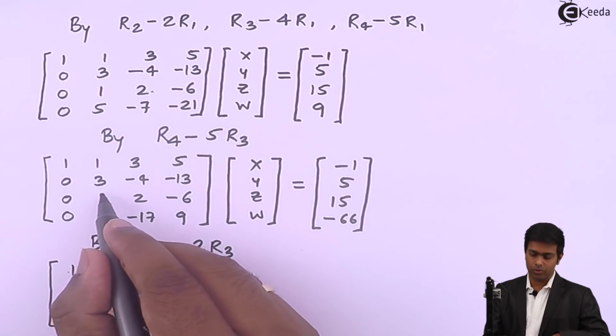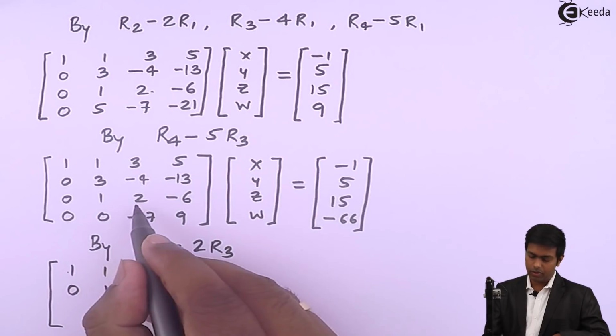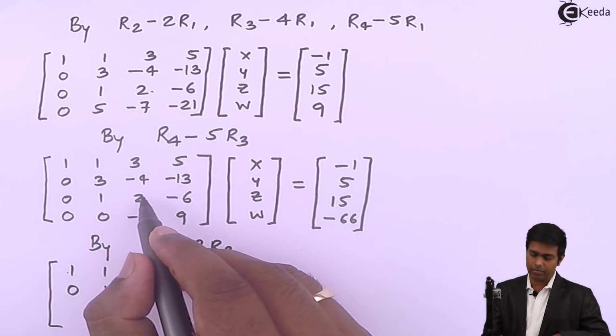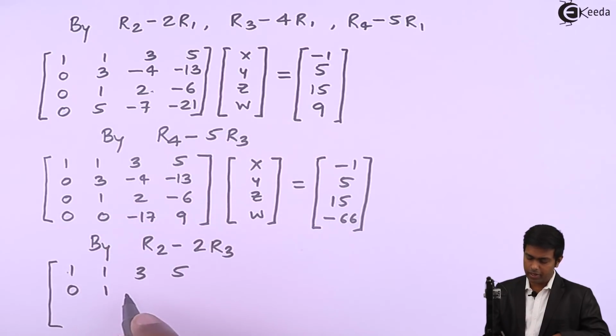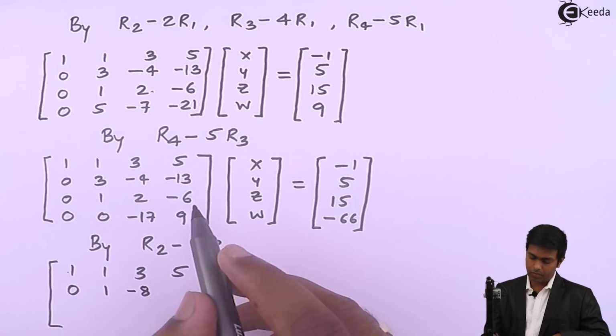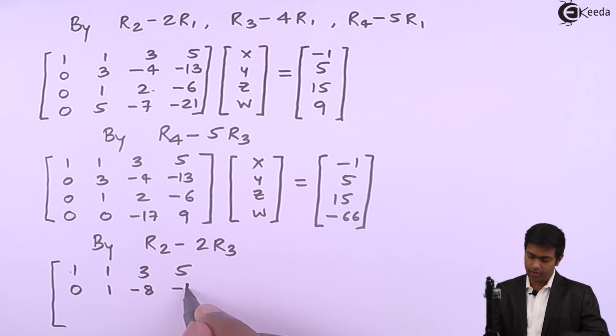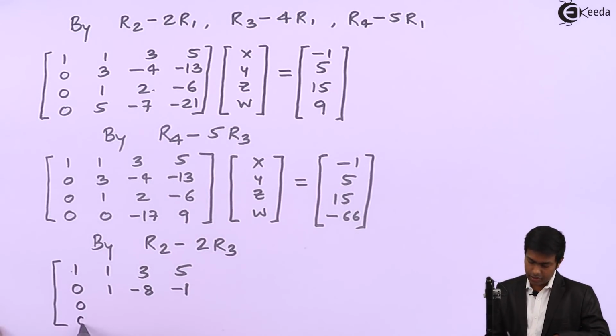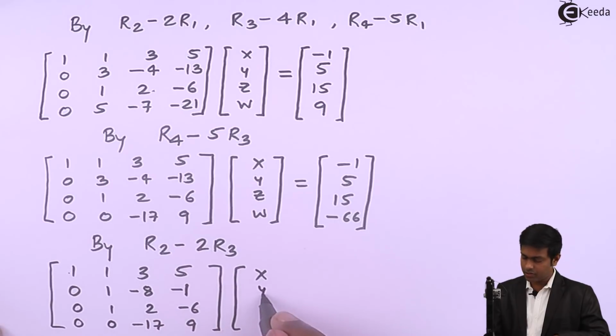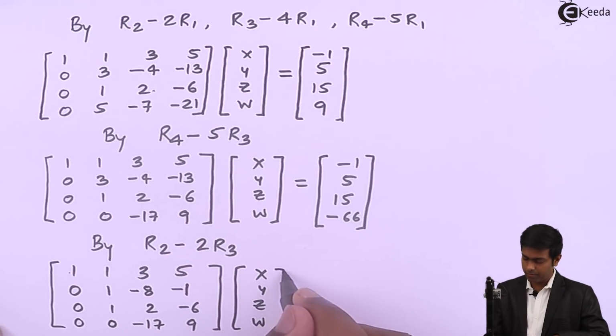So this will be 2, 3 minus 2 is 1, 2 times R3, so 2 times will be 4, and minus 4 is minus 8. Here 2 times minus 12, this will become minus 1. Next as it is 0, 0, 1, 0, 2, minus 6, minus 17 and 9. And this is x, y, z, w.